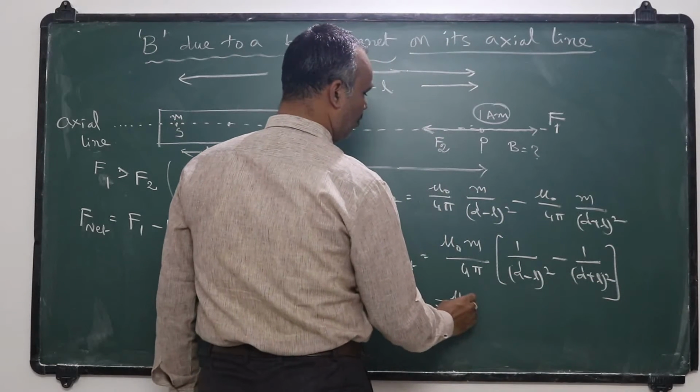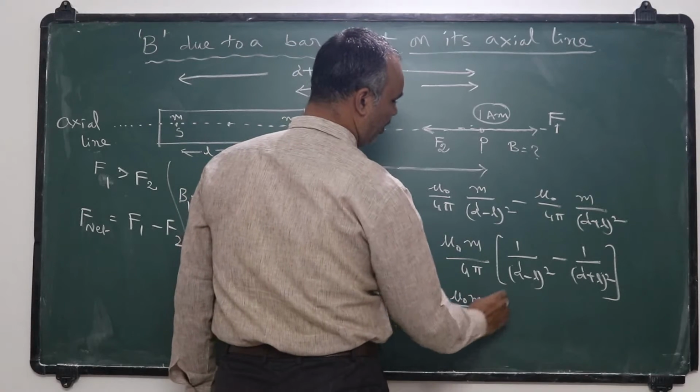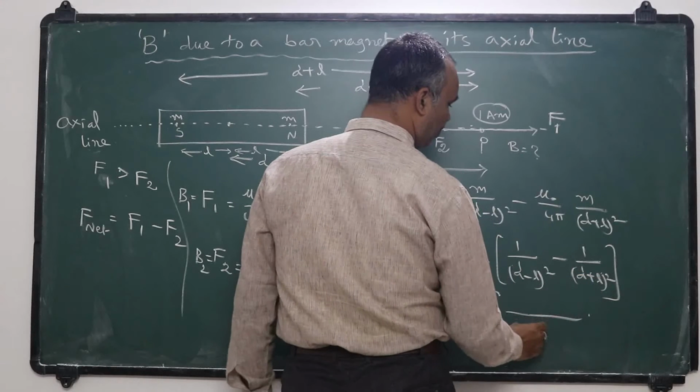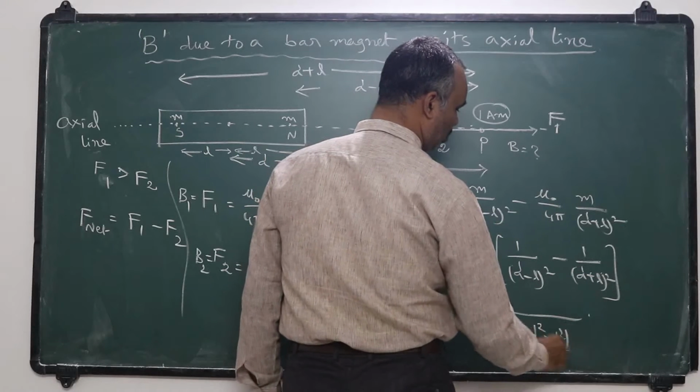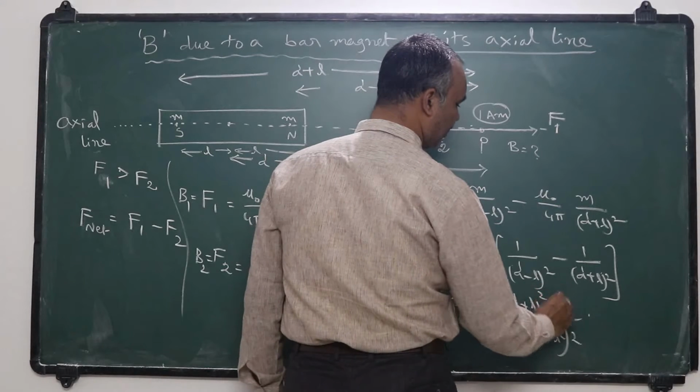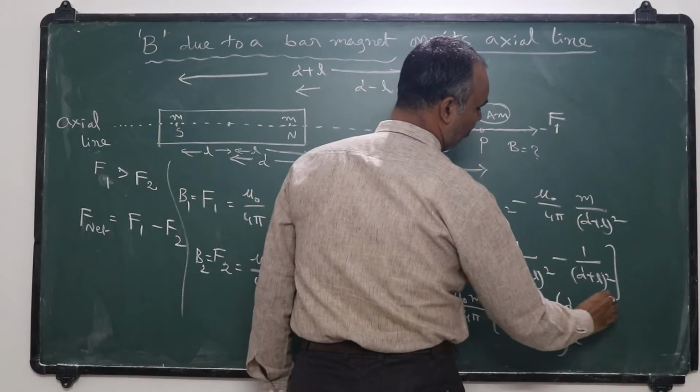So mu naught m by 4 pi into, in the denominator, a plus b into a minus b, that is a square minus b square whole square. In the numerator, d plus L whole square minus d minus L whole square.